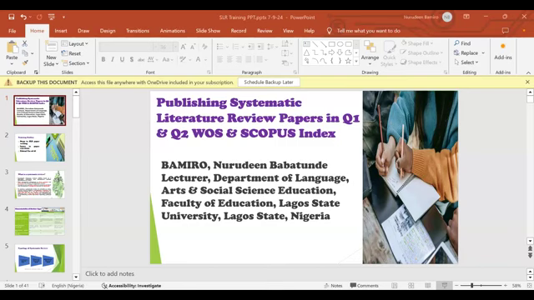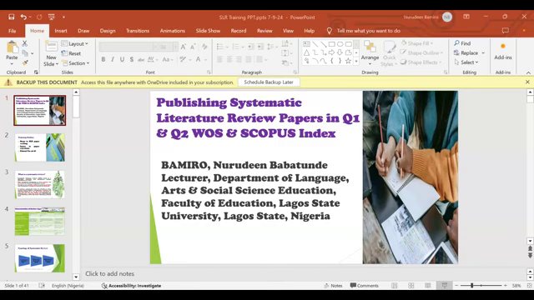As we all know, recently, in the field of science, for those of us in social sciences and management, we take the idea from those in science because it's a very common activity that they often use to improve the quality of what they do as researchers. But in recent times, we can see that there are also a lot of publications coming in from humanities, social sciences, and management.